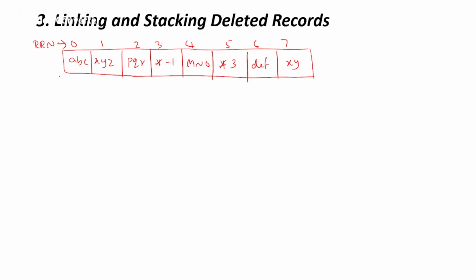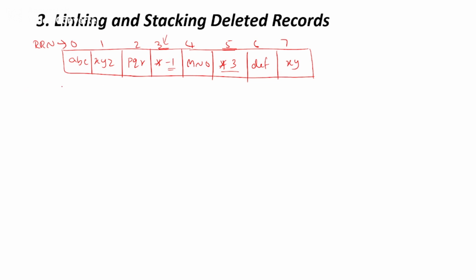These are the different records I have, and you can see here we have 5, which is an empty slot with a pointer to 3, and in 3 we have an empty slot without any record where we have a -1. That means this is the last place, the end of the list.